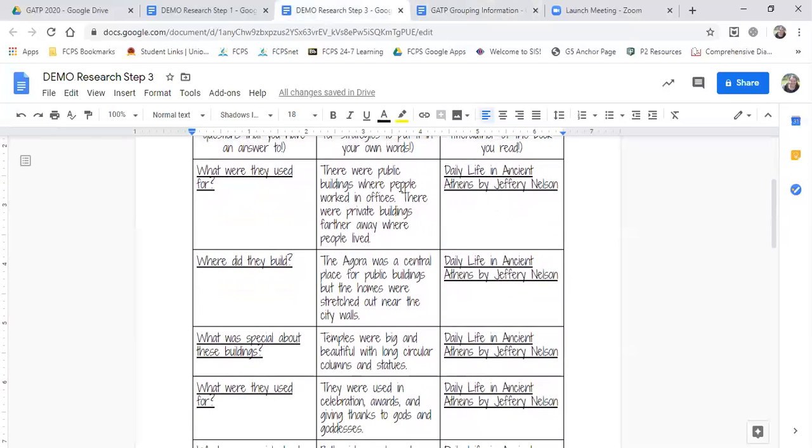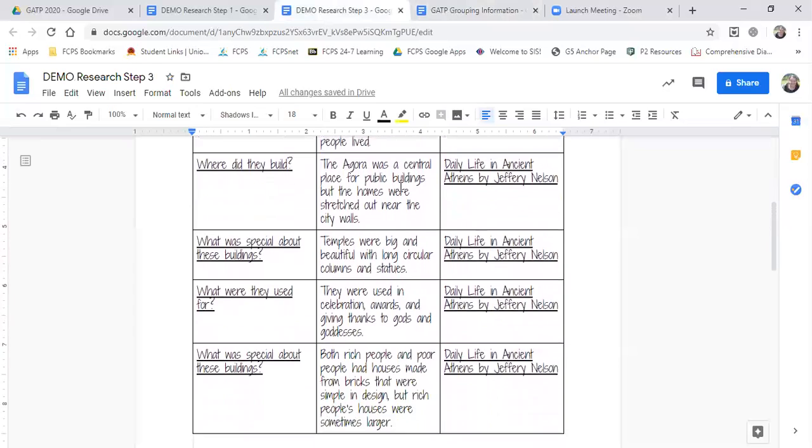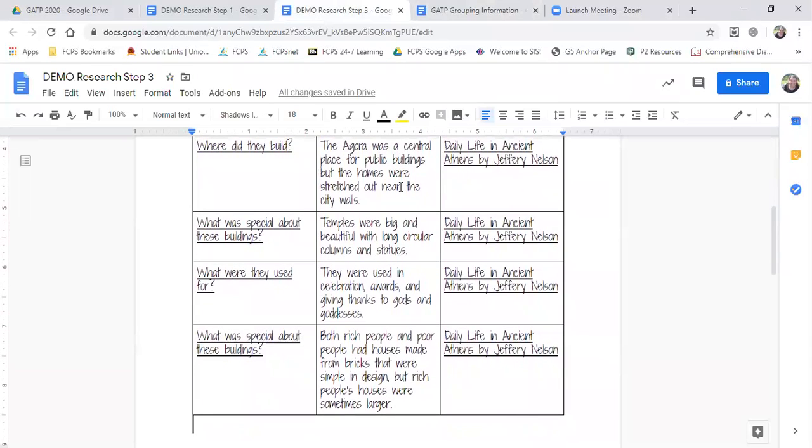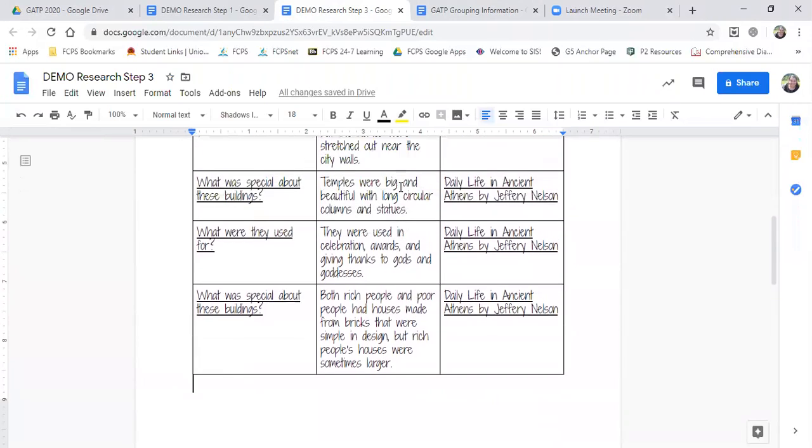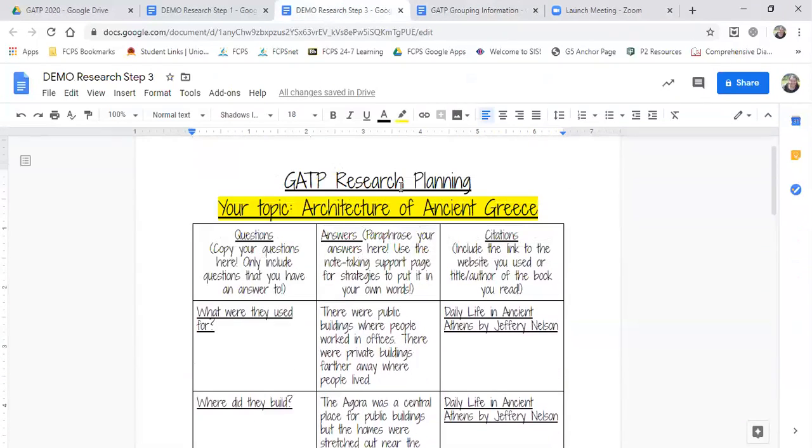So just kind of skimming it, we talked about the public buildings and private buildings and where they're located in the town, kind of what some of their uses were. I know a little bit about temples, because that's another type of architecture that they did in ancient Greece and what they were used for and what they looked like. And then also kind of the appearance of those public and private buildings that were not temples and how they did look different than the temples. But this is really all I have so far.